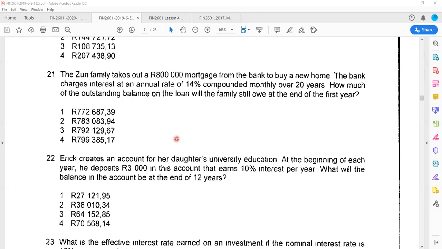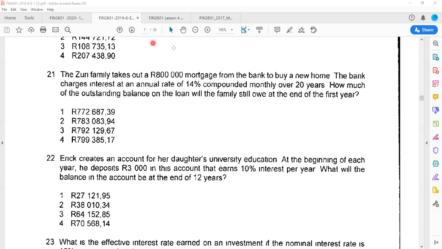Now, this is an amortization question. And remember, when we're dealing with an amortization question, we start by calculating the PMT. And then from the PMT, we calculate whatever we've been asked to calculate, whether it's the balance on the loan, the part of the loan that goes to the interest payment, or the part that goes to the principal payment.